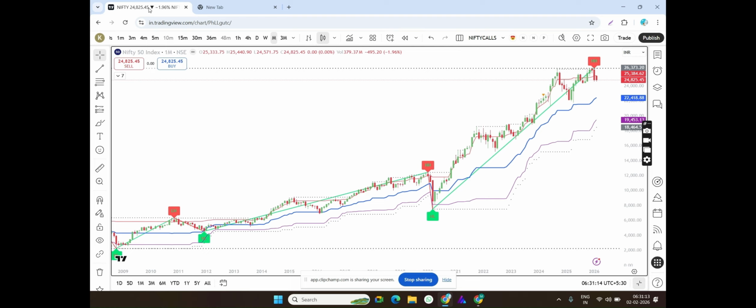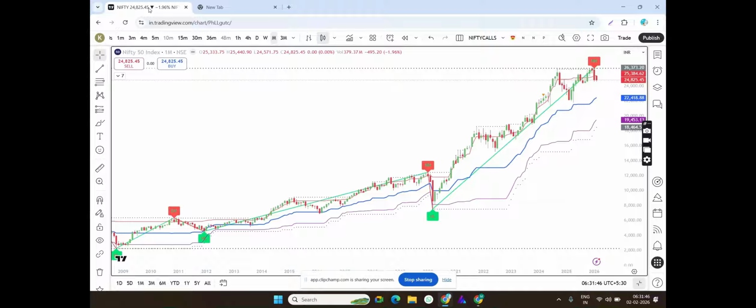Today, we are analyzing the Indian main index, that is Nifty 50 index. So, this is the monthly chart for the Nifty 50 index, and on your screen, you can see our Gann indicator based on the Gann's law of vibration applied to the monthly chart.